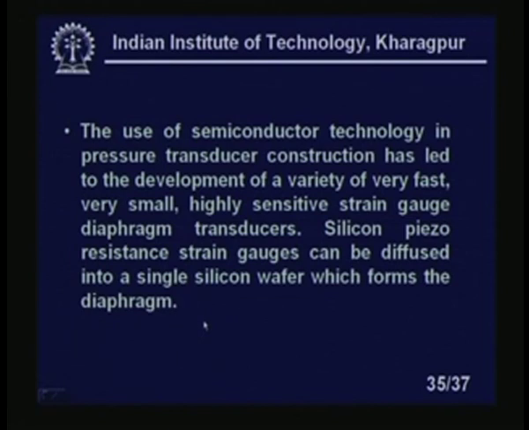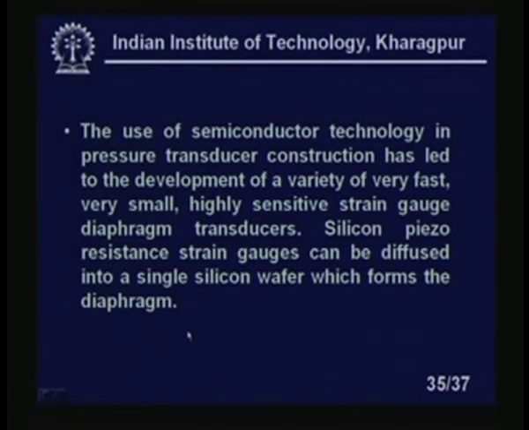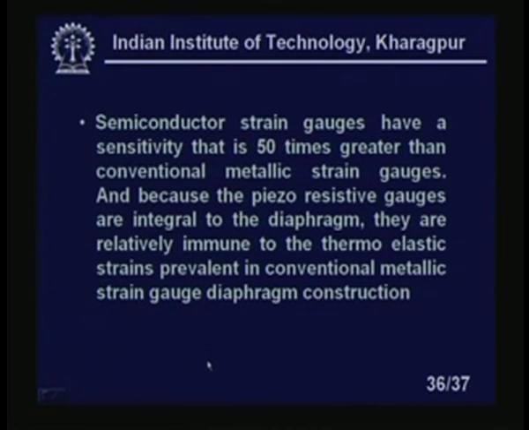Silicon piezoresistive strain gauges can be diffused, because as you know, in the case of semiconductor strain gauges, the piezoresistive effect is more, right. So, silicon piezoresistive strain gauges can be diffused in a single silicon wafer which forms a diaphragm. Now, semiconductor strain gauges have a sensitivity that is almost 50 times greater, sometimes even more.